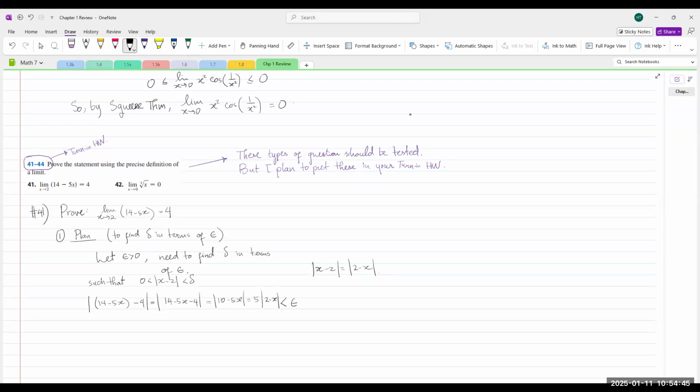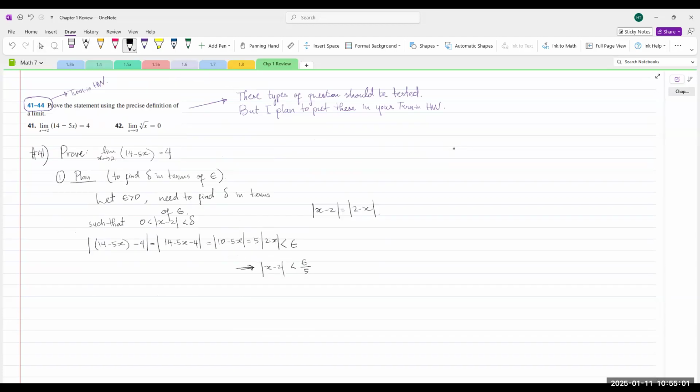Therefore, the absolute value of x minus 2 should be less than epsilon over 5. We choose delta equal to epsilon over 5.